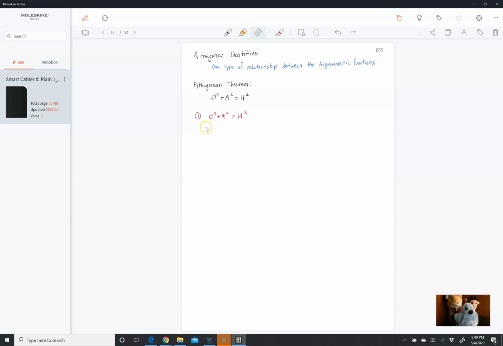And the way that we're going to do that is we're going to divide everything by H squared. So if we divide everything by H squared, okay, what we're actually doing is we're creating trigonometric ratios. This is O squared over H squared.